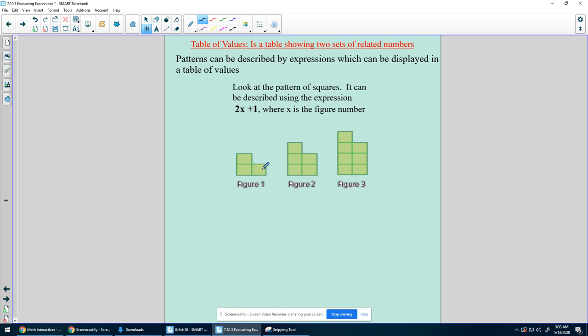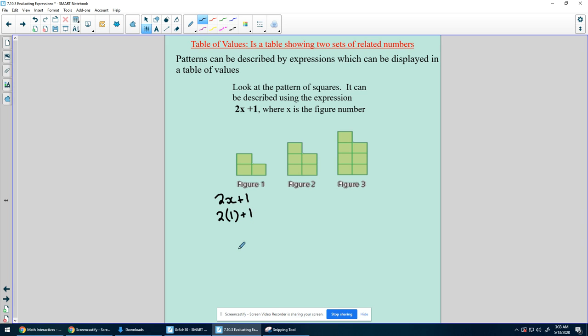So we have figure number representing x. So for this one right here, if we have 2x plus 1, our figure number is 1.